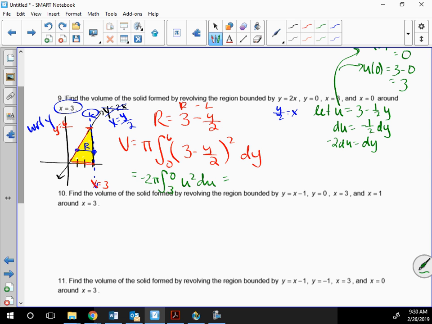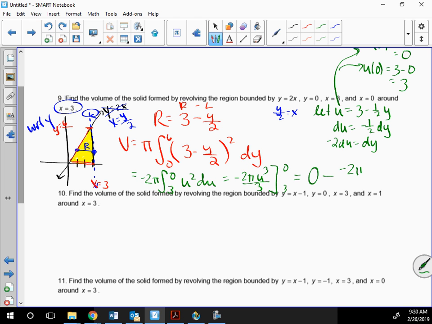So I do my inside derivative of -2 pi u cubed divided by 3, evaluated from 3 to 0. We could go ahead and flip our bounds and negate it so it's positive, but we can just leave it as is and evaluate it. So I get -2 pi. We take 0, put it in, so I just get 0, minus, and then I take my 3, put it in.